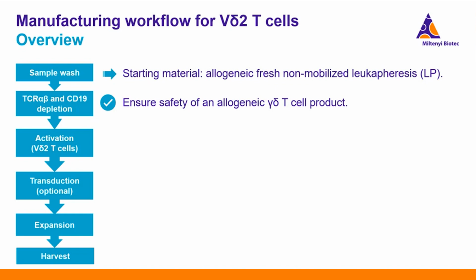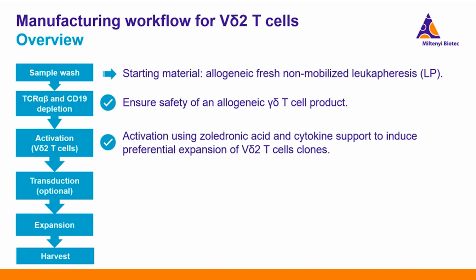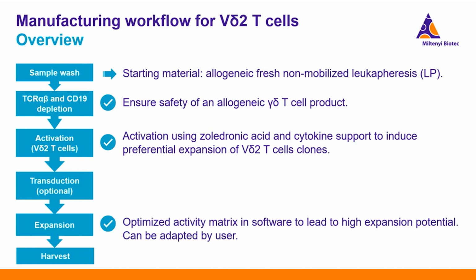Once we have depleted alpha beta T cells and B cells, we start activating the gamma delta T cells in the remaining cell fraction with the use of zoledronic acid and different cytokine support that induces the preferential expansion of the Vδ2 T cell clones. And with the use of an optimized activity matrix in the Prodigy software, this is leading to the high expansion potential of the cells, and also includes several parameters that can be adapted by the user if needed.